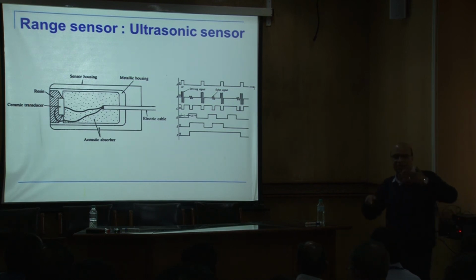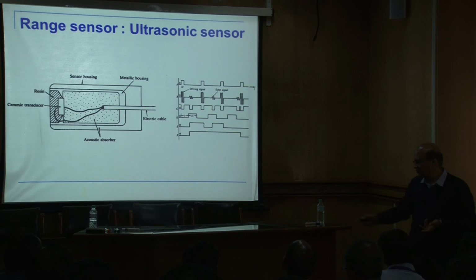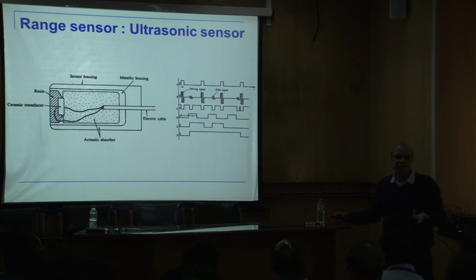If it hits at an angle, the incidence angle will become the reflected angle and it will go somewhere else. So if there is an object which is not normal, it will not see. What kind of objects will not be normal? Curved surfaces. Any kind of curved surface it will not see. For example, this bottle it will very likely not see at all, because the reflected ray is not coming back.